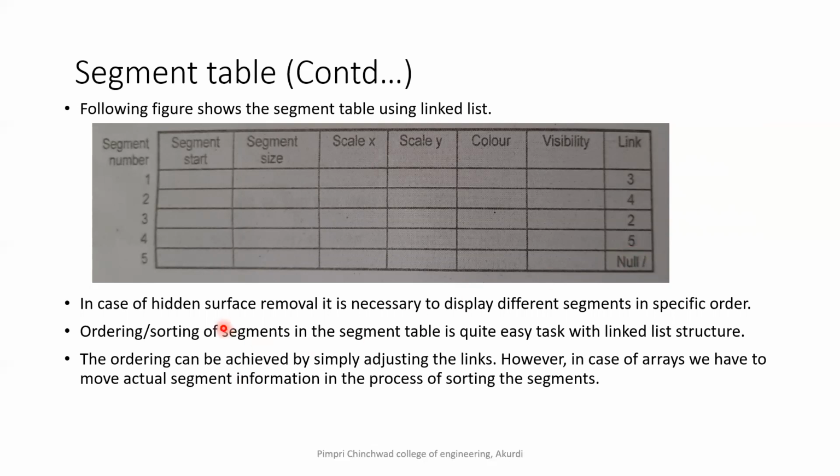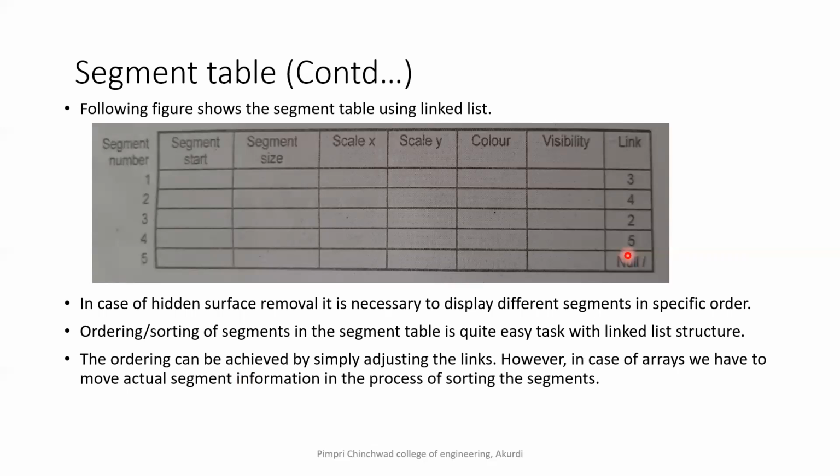Now, in case of hidden surface removal, it is necessary to display different segments in a specific order as per their depths, right? So ordering or sorting of segments in the segment table is quite an easy task using the linked list structure. I can simply change the link right after running the algorithm. But in case of array, what will happen?